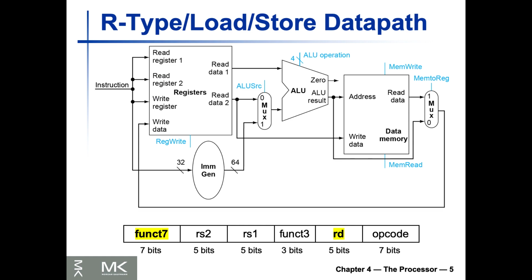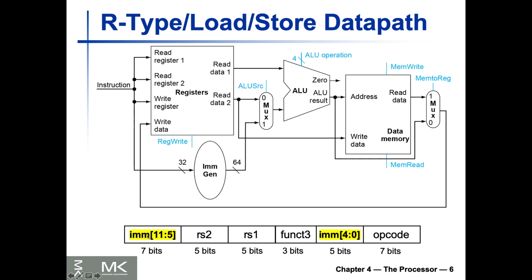For the R type, we have 7 bits for funct7. We're going to use the immediate bits 5 to 11 on the first 7 bits and 0 to 5 on the fifth one actually. So the first 5 bits are going to be here, and then after that, the next 7 bits are going to be there for the load and store.